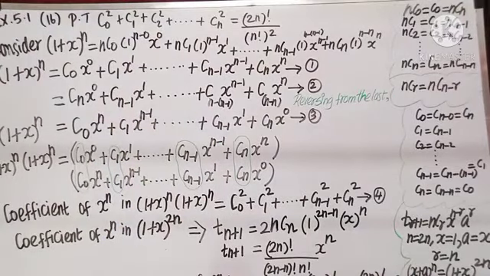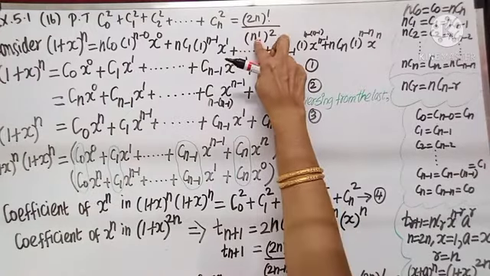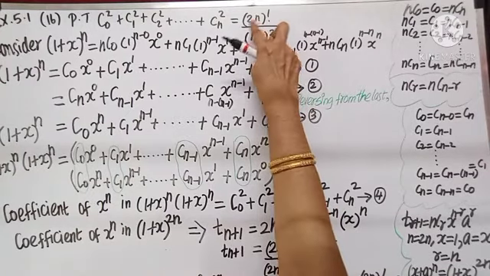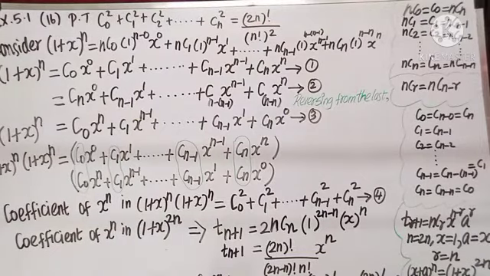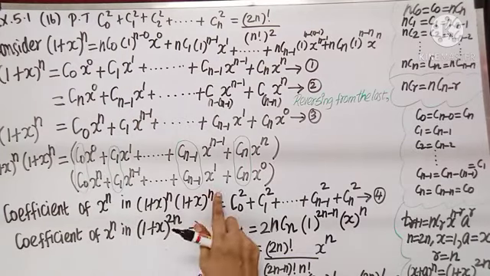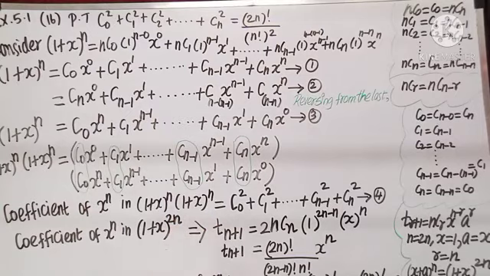Is that all? I need to show the RHS where 2n is coming. So the same product I can also simplify as (1 plus x) whole power n plus n, which gives us 2n.